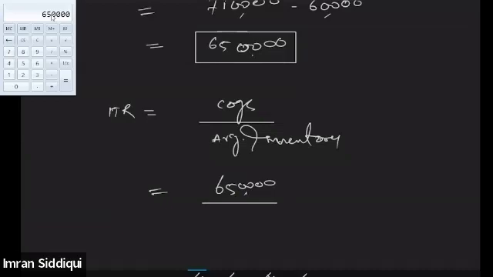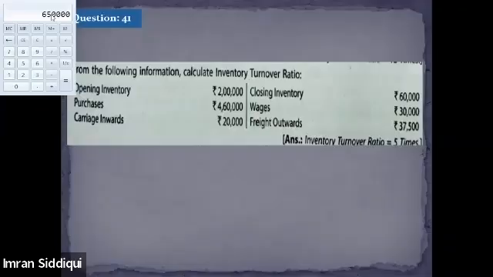Opening was 2, closing was 60, so 260 divided by 2, 1,30,000, right? And 650 divided by 1,30,000 is 5. Yeah, this is the right answer, 5.